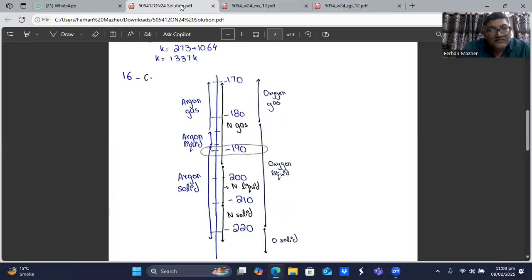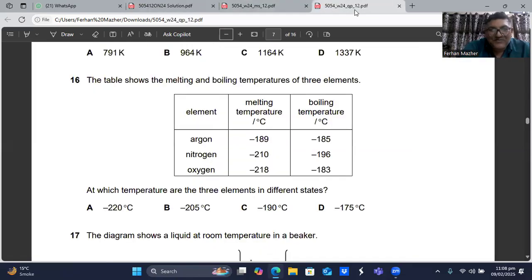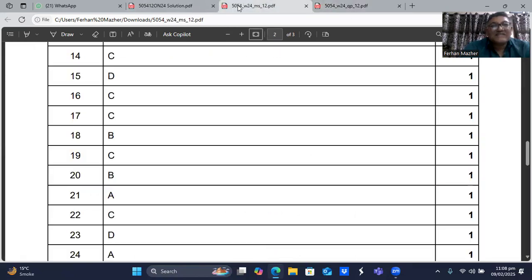C is the choice. Yes. Here, at this temperature, three of them are in different states. A little tricky question. It's easy, but it's tricky. Question number 16. C is the right choice, sir.